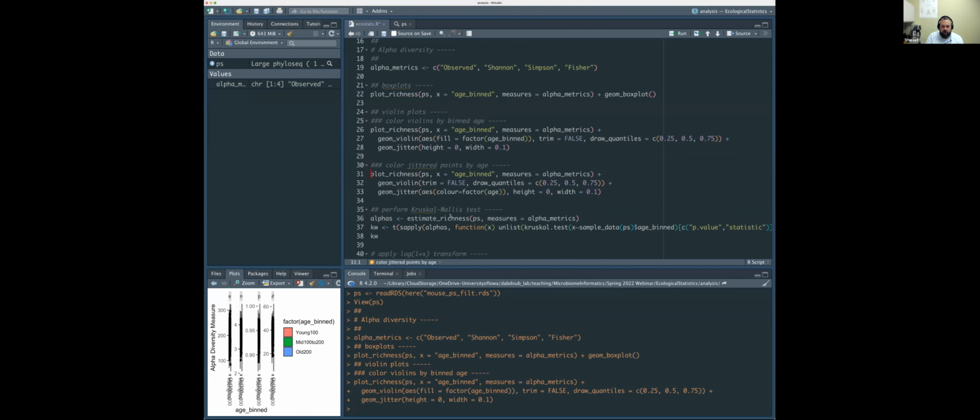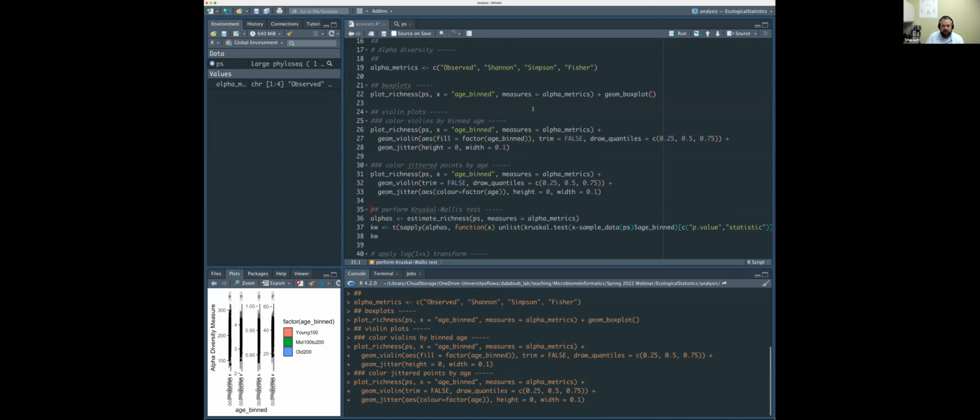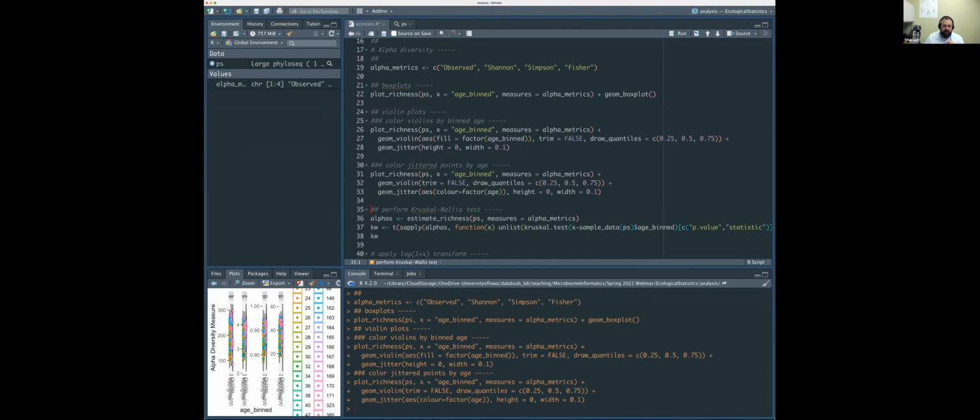And then the next one we will look at is, so we colored the violins by age, and now we will color the jittered samples within that, so we can look at the different age distributions, because again these are binned.